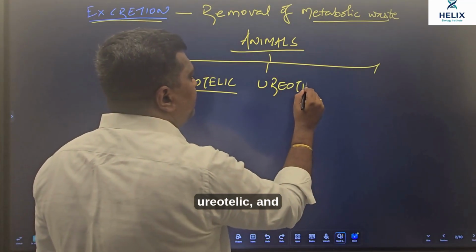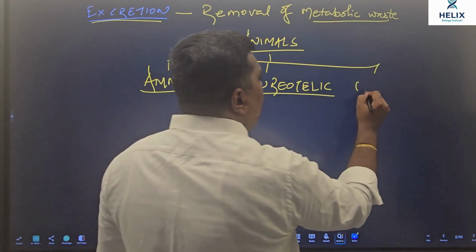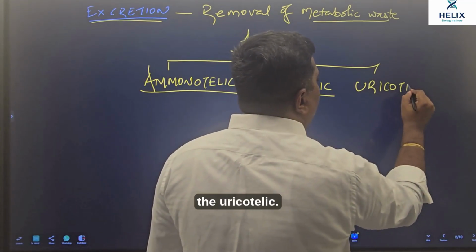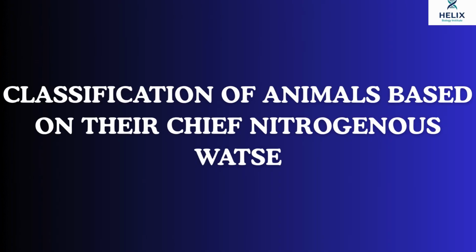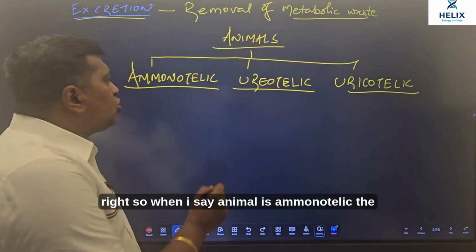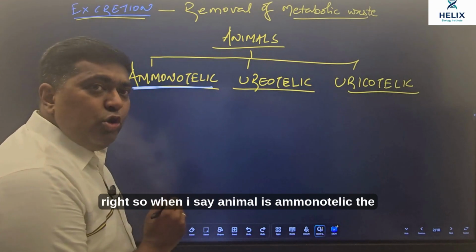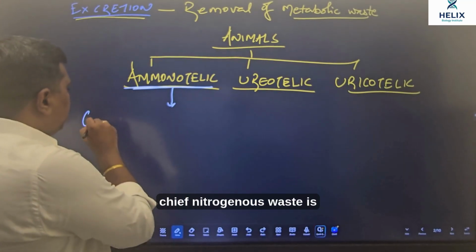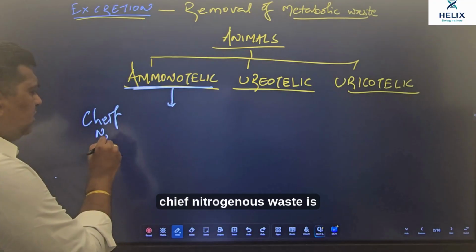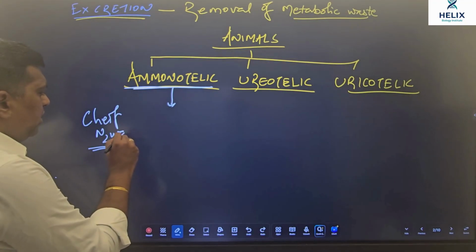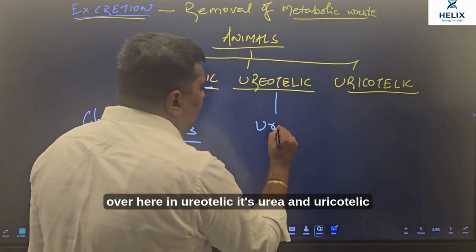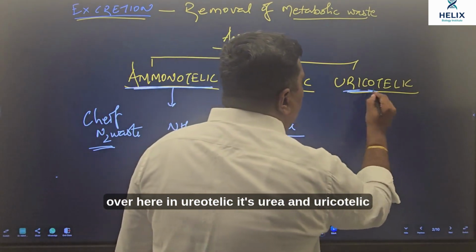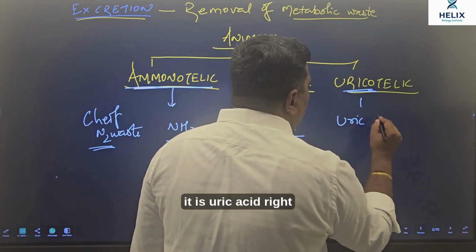Ureotelic and the Uricotelic. Right? So when I say animal is ammonotelic, the chief nitrogenous waste is ammonia, whereas over here in ureotelic it's urea, and uricotelic it is uric acid.